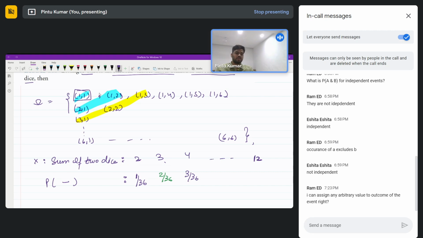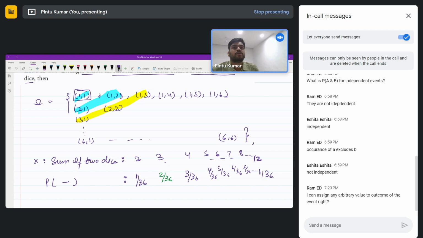You can just define till the end. In the middle, you are somewhere at 5, 6, 7. So this is 4 by 36, this is 5 by 36, you will get 6 by 36, and from here on it will reduce. This will be 5 by 36 and so on.